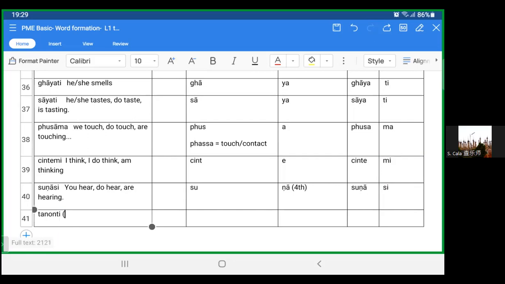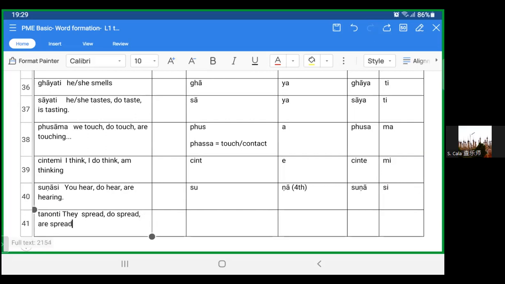Okay, next one, tanontik. What is entik? It means they. So they spread, they do spread, they are spreading. Very easy. What is the root?